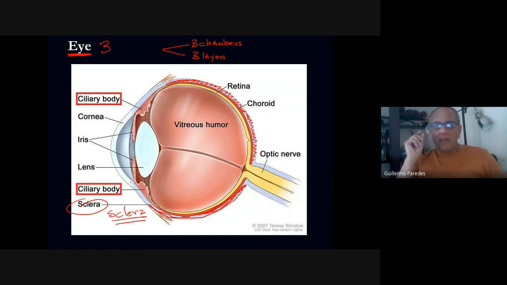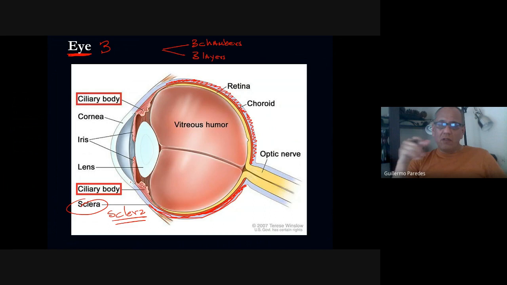This sclera is a fibrous tissue that helps to keep the shape of the eye. If you dissect an eye someday, you will see that the sclera is like a very thick skin, similar to the skin of a grape. If you take the pulp out of the grape and touch the skin between your fingers, the sclera is double or triple thicker, but that is basically its consistency when it is without fluid.